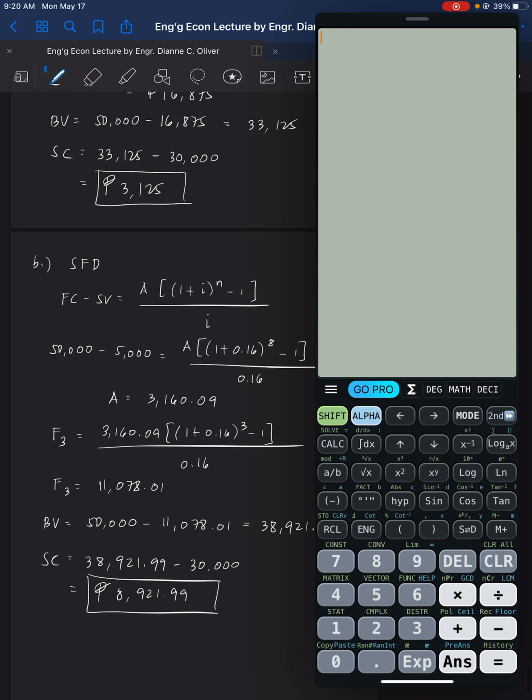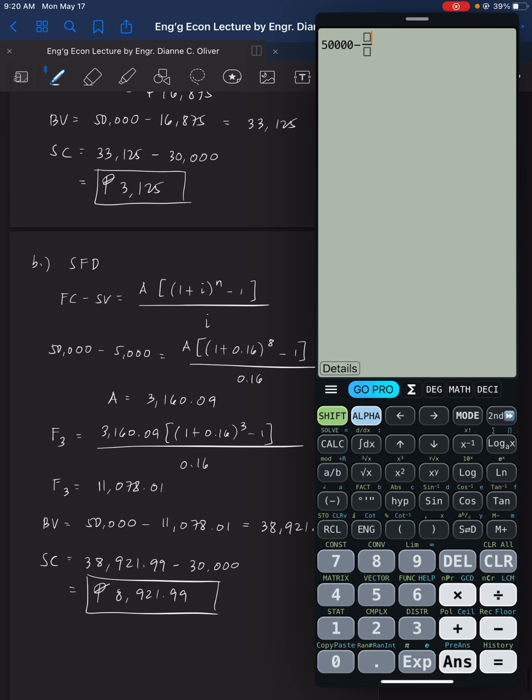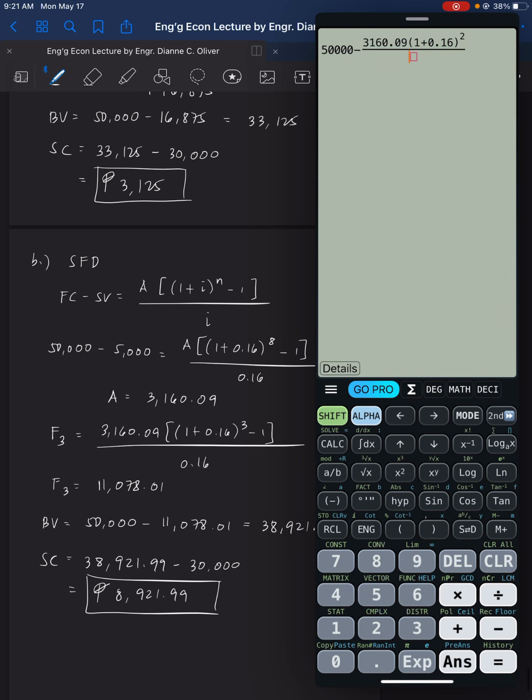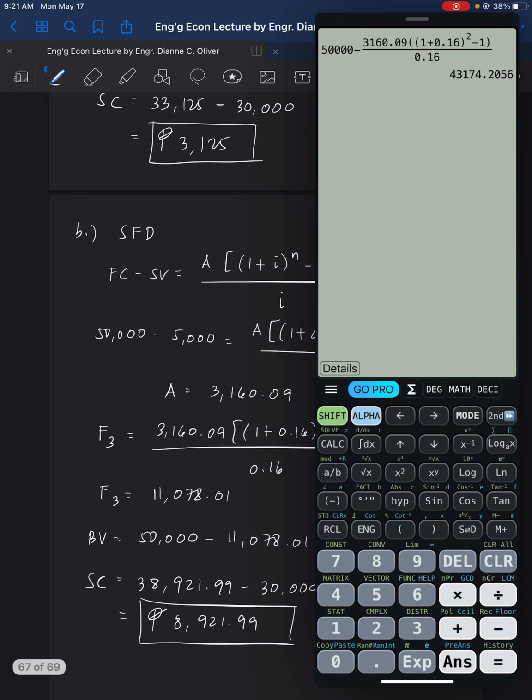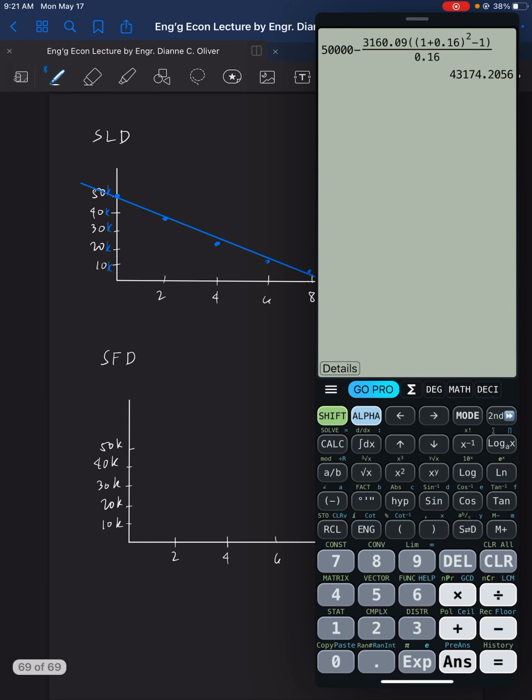We have the first cost of 50,000 pesos minus the fund of 3160.09 multiplied by (1 plus 0.16) raised to the power of 2, minus 1, over 0.16. Okay, there we go, 43,174.